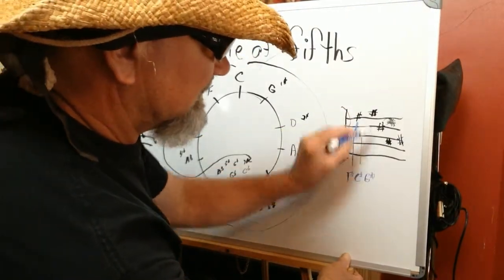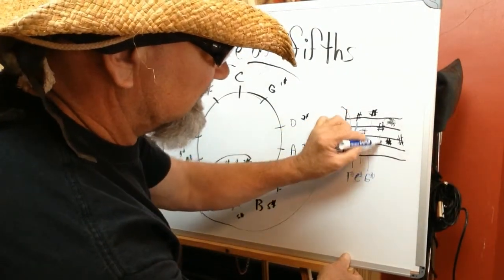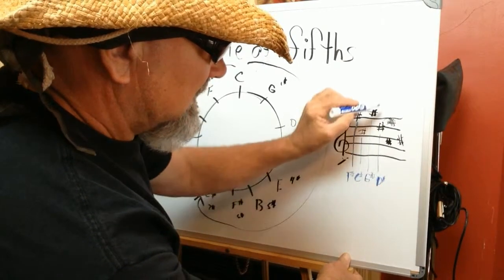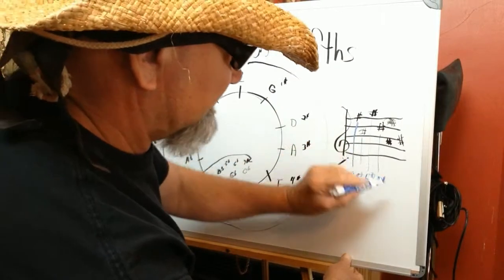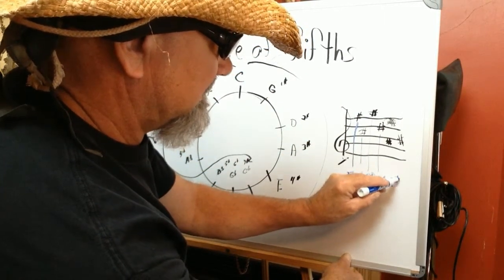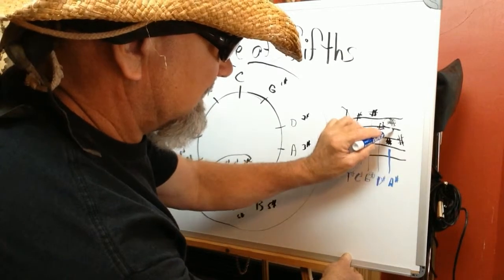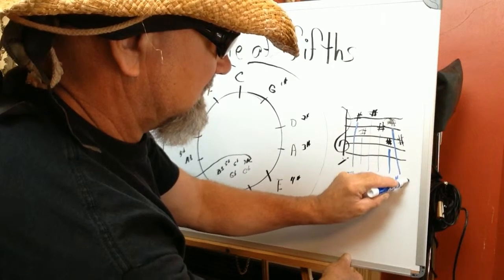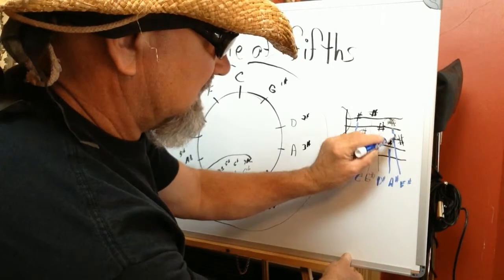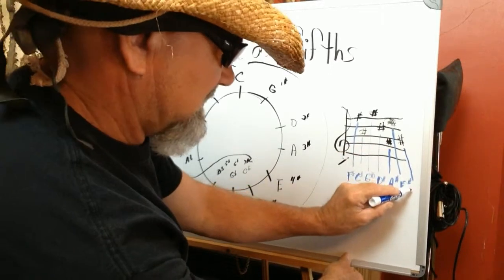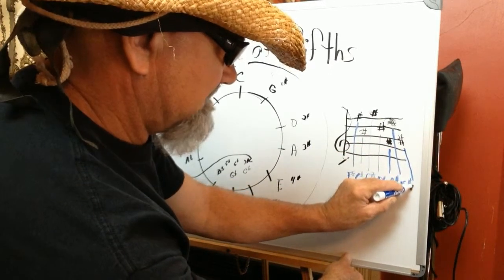Then we have a D sharp. And then we have an A sharp. Then we have an E sharp. And then we have a B sharp.